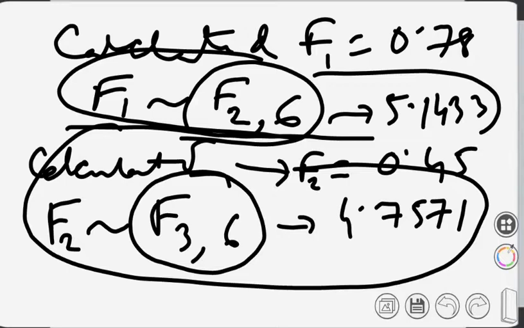Mind that for both the cases, the null hypothesis will be that there is no significant variation, and the alternate hypothesis is that there is significant variation. That is how we have to write down the null hypothesis.